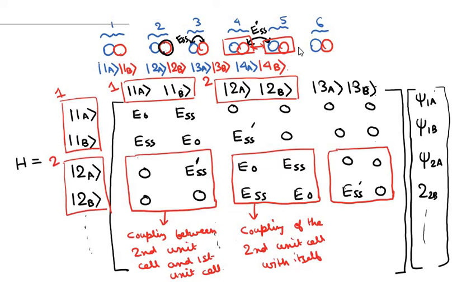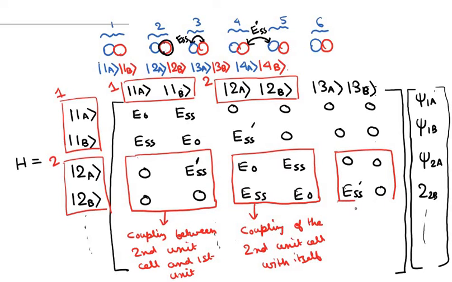Let me, I just accidentally rubbed this part. So this is the submatrix which defines the coupling between the second and third unit cell.